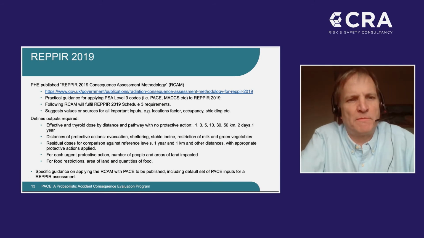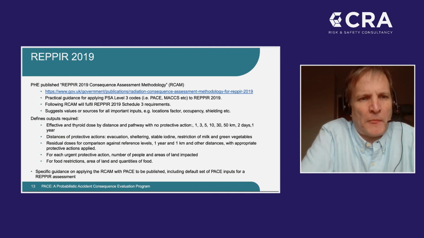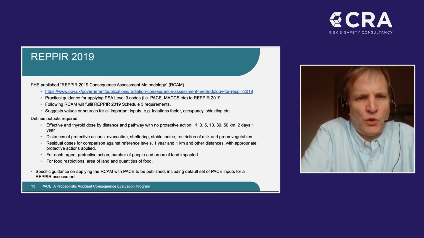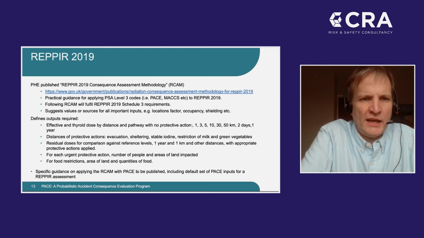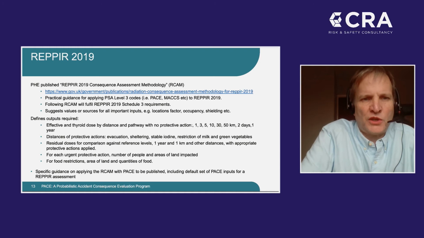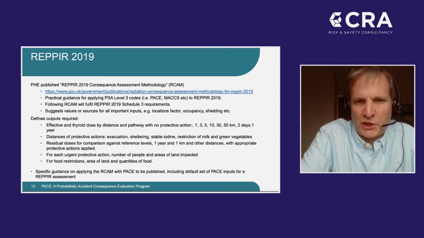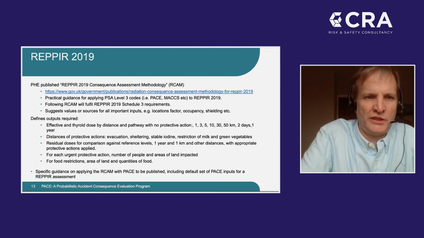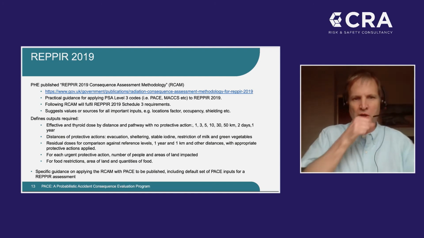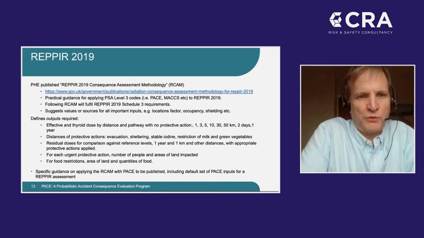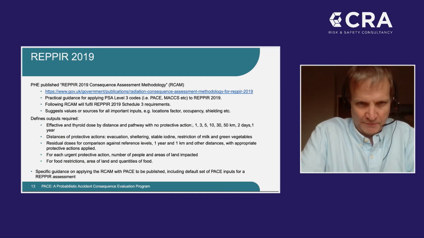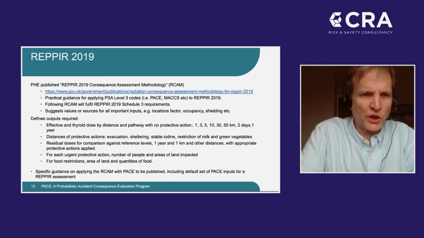So in response to this, PHE as was, and now UKHSA, published this REPPIR 2019 consequence assessment methodology, RCAM, and the link is there. This is practical guidance for applying PSA level 3 codes like PACE, or alternatively something like MAX, to REPPIR 2019. If you follow this RCAM, you will fulfill the REPPIR 2019 Schedule 3 requirements.